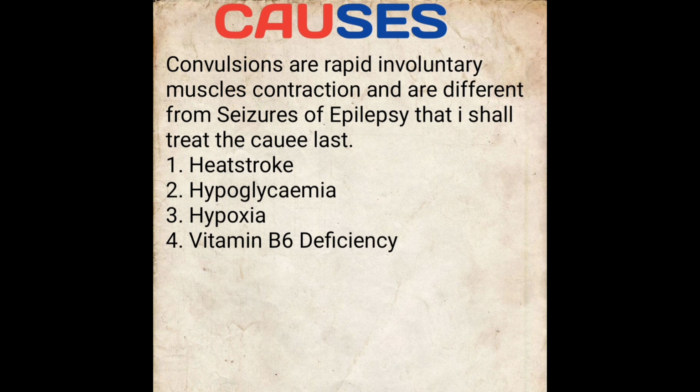So what could make a person convulse could be heat stroke, hypoglycemia, hypoxia, or vitamin B6 deficiency. Then you could also graduate to epilepsy, serious seizure, where the problem affects the brain. It could even be outside the brain. I will expatiate more as we go along.